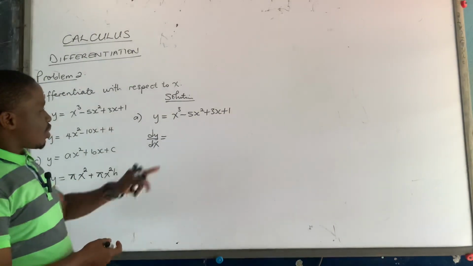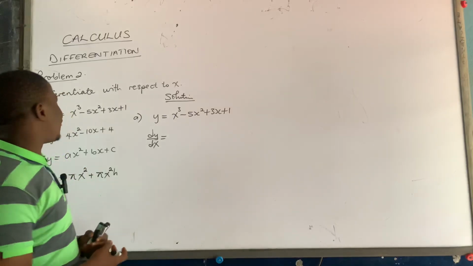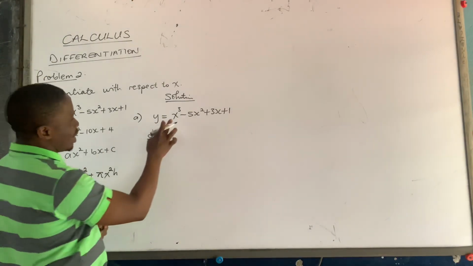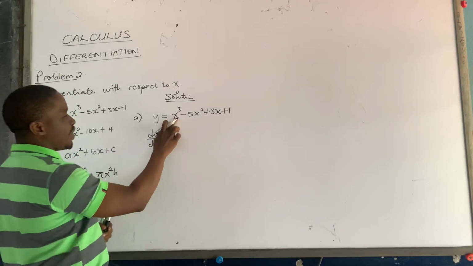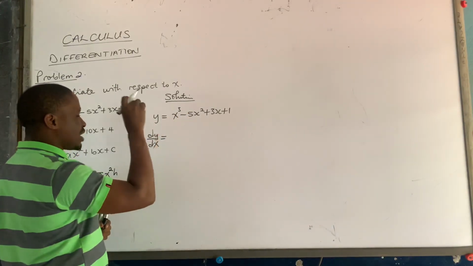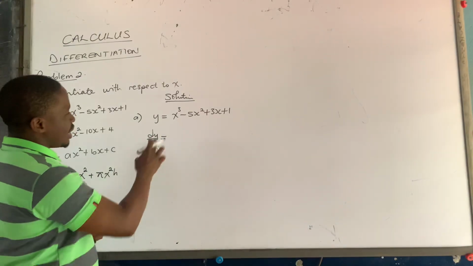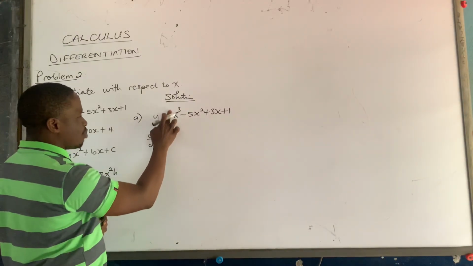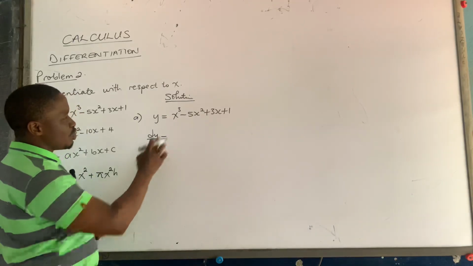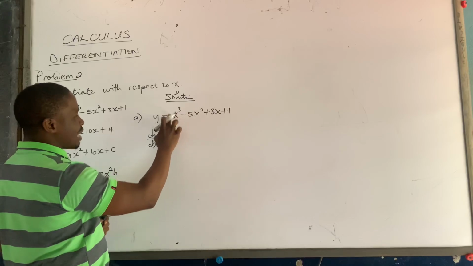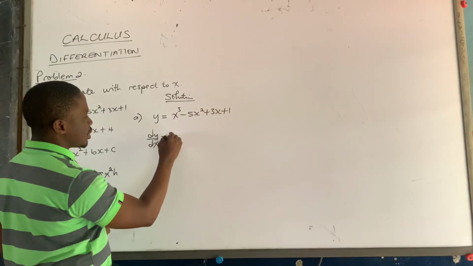Considering what we've learned from the first video, problem 1, the power of the variable, which is 3, has to multiply the coefficient of that particular variable. The power of this variable x is 3 and the coefficient is 1. So the power multiplies the coefficient, 3 times 1 is 3.